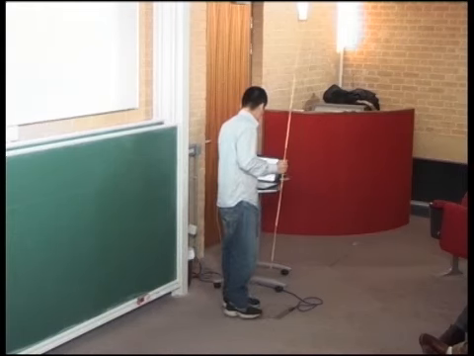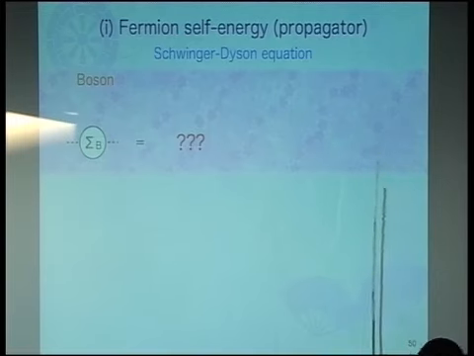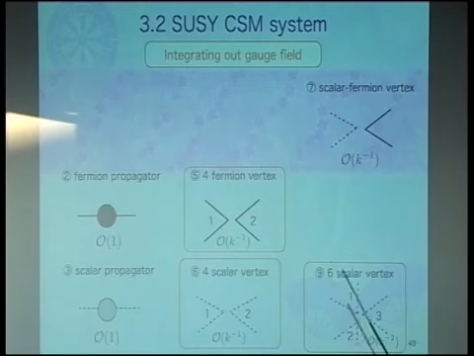So now let me consider the 1PI self-energy as we did. Can you guess this from this diagram? A 1PI diagram is a diagram which cannot be split in two by cutting a single line.